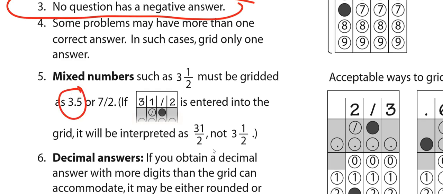Either you write 3.5 or you write the improper fraction 7/2. But if you write 3(1/2) in the answer blank, it thinks that is 31/2, which is 15.5, which is not what you wanted. So don't write 3.5 as if you can fit it in all the boxes. Either write it as an improper fraction or write it as a decimal.